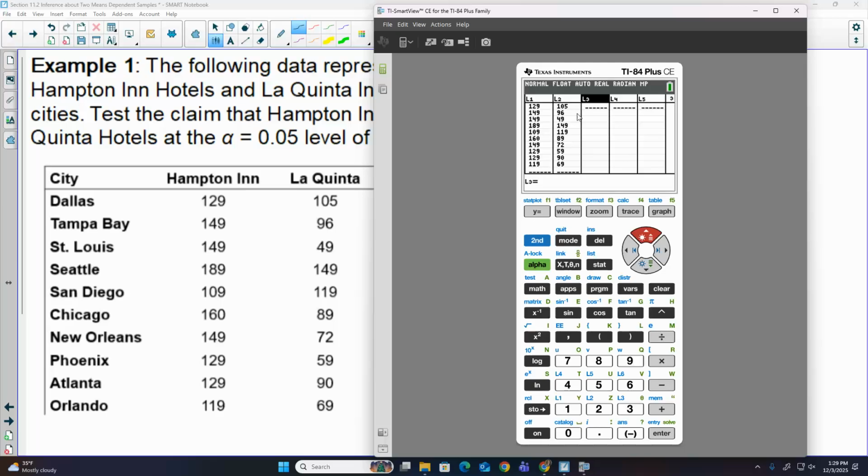So while I'm on L3, I'm going to hit second, number 1. So it says L1, minus, second 2. So list 1 minus list 2, and hit enter. That gives us the difference. Now, it's everything we've done before, except we're running it off list 3, the difference.